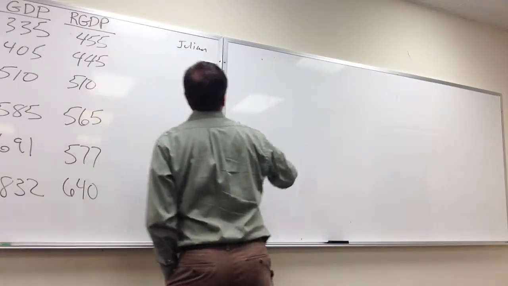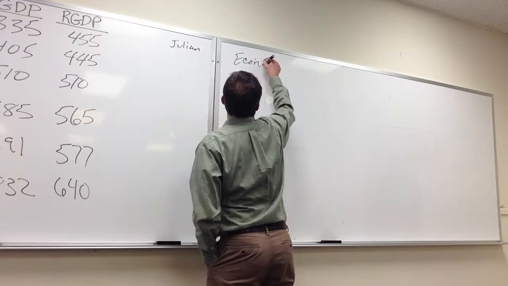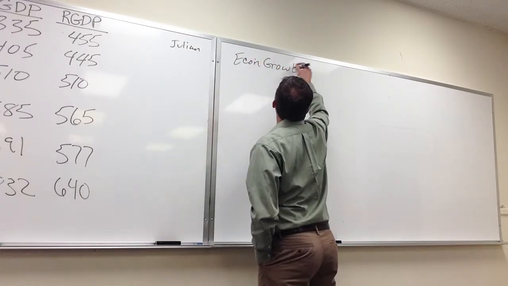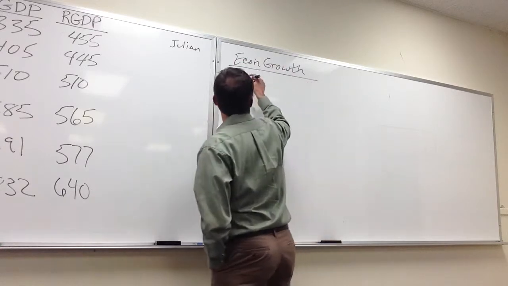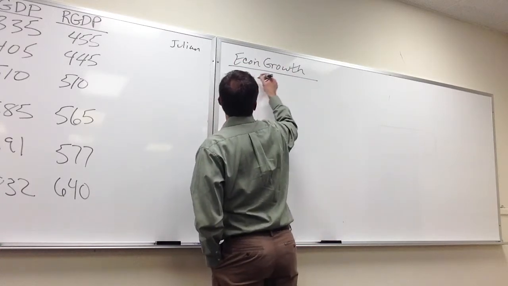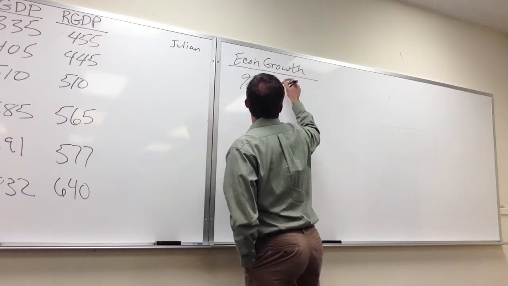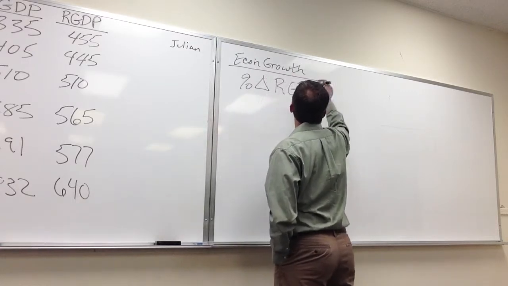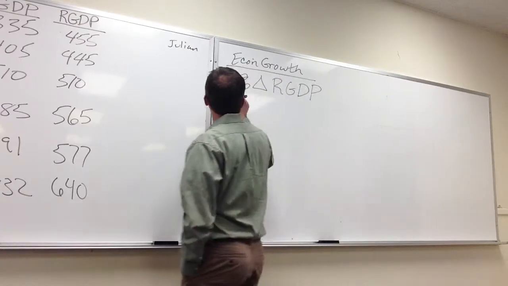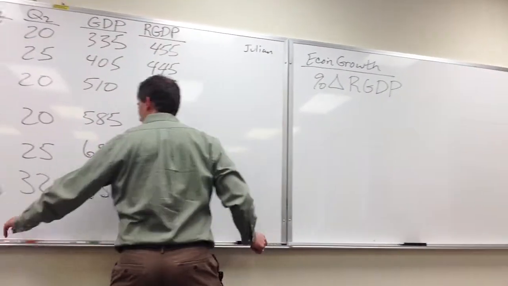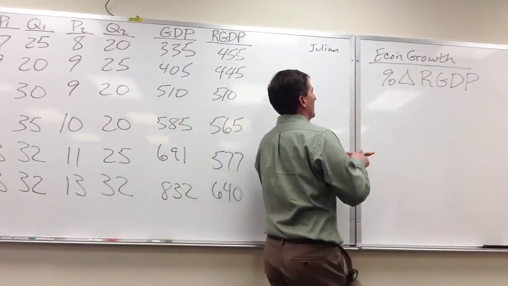So we can get some more information here by thinking about the percentage changes. So economic growth is the percentage change in real GDP. Here's our interpretation of this shorthand.